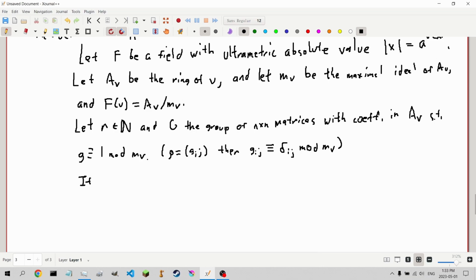So if g is an element of the group G, so that is g, lowercase g here, is an n by n matrix with coefficients in AV whose image in FV is 1, then we have that g is going to be equal to 1 plus a representative of X, where X is going to be an n by n matrix, of course, and its coefficients are going to be drawn from MV.